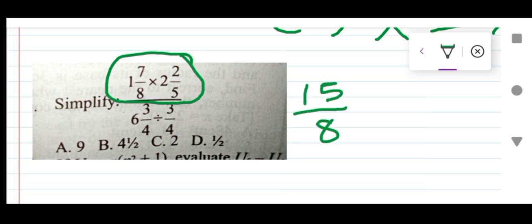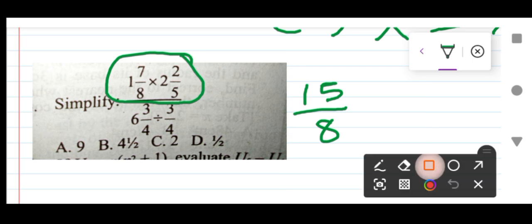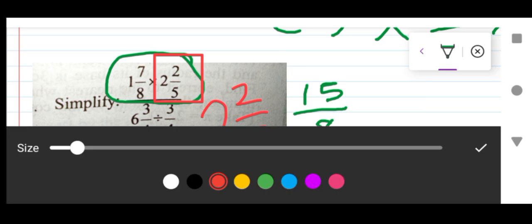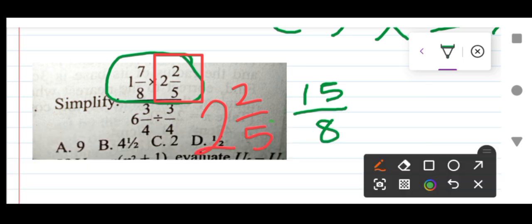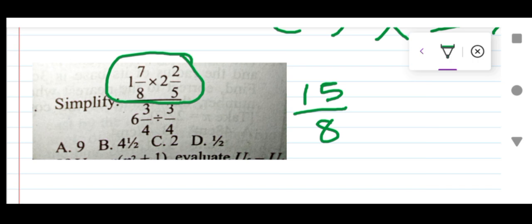Now let's take the other part, 2 whole number 2 over 5. How do we go about that? The same process is applied. 5 times 2, that's 10, plus 2, that's 12 over 5. So we have times 12 over 5.